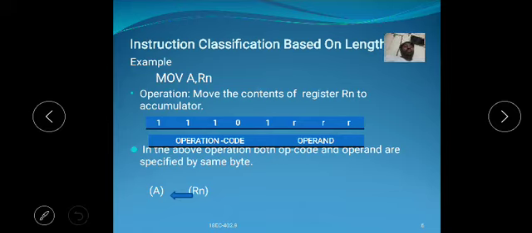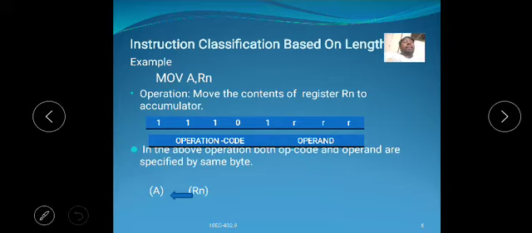Here all the operational code and operands are specified in a single byte, the same byte. That means in the single byte both operational code and operands are used. Then this type of instruction is called a 1 byte instruction. MOV A, Rn, the operation moves the content of register Rn to accumulator.